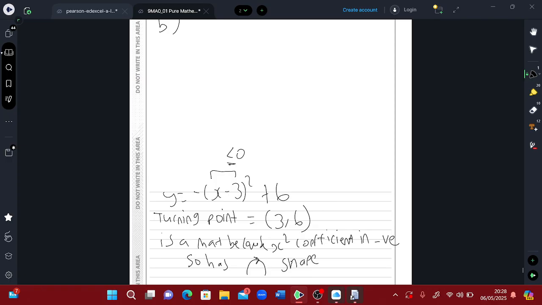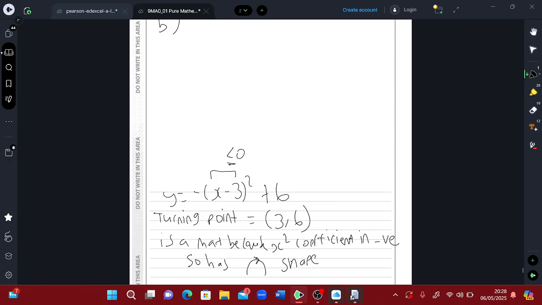The best way to do that is to set it to 0, so it would be the minus of this. So 3 minus 3 gets you 0. So that's where that comes from. And then if we add 6, well, this is the variable part, and then we just add 6 onto it. So that's just a constant. We maximize this as much as we can, and then we just add 6 at the end. And that's where the turning point comes from.